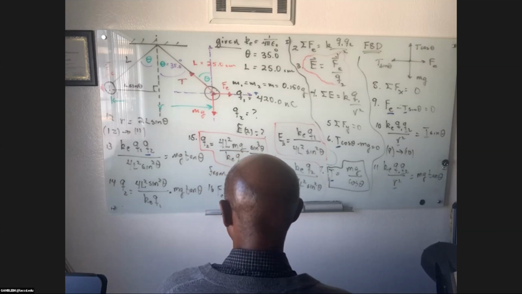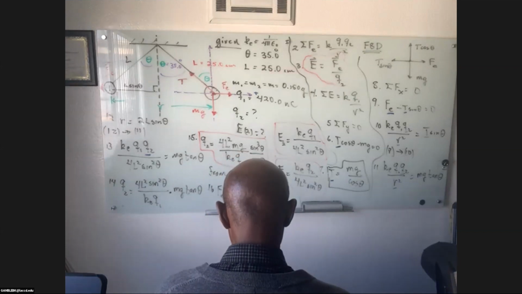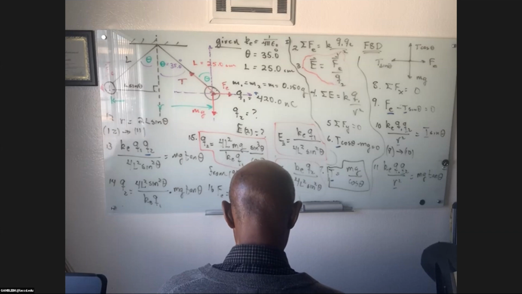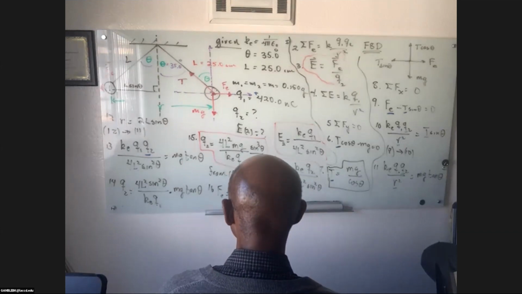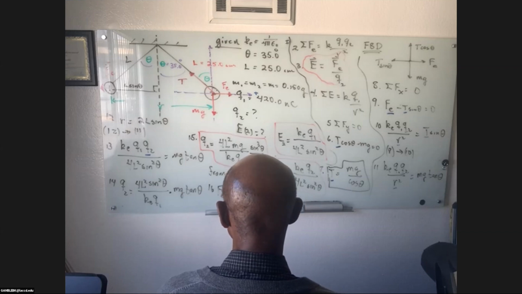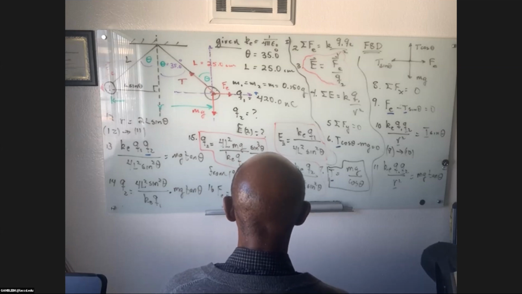To convert the 25 to 2.25, I guess, we have 4.25 squared, and the mass is 0.15 times 10 to the negative 3 kilograms.